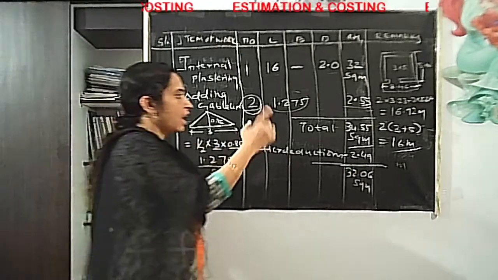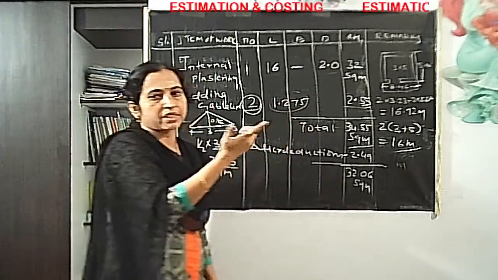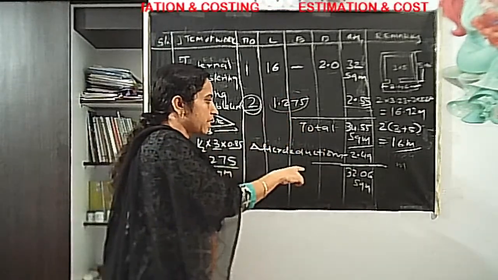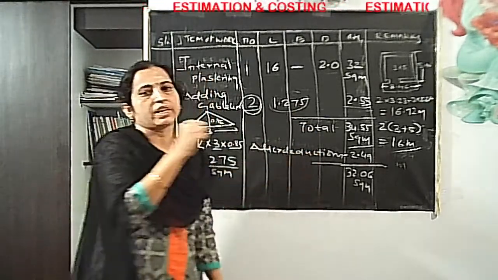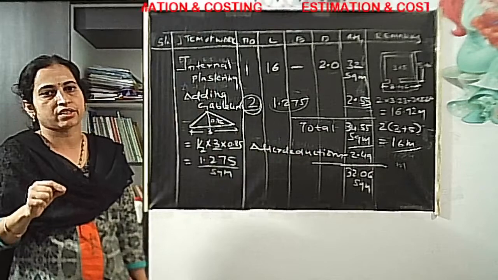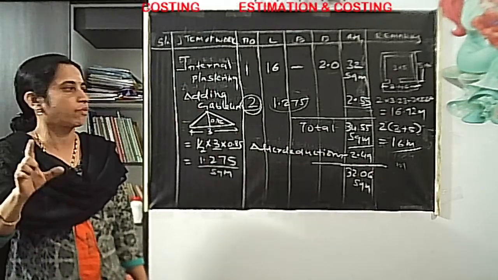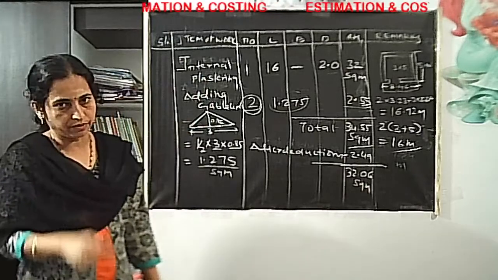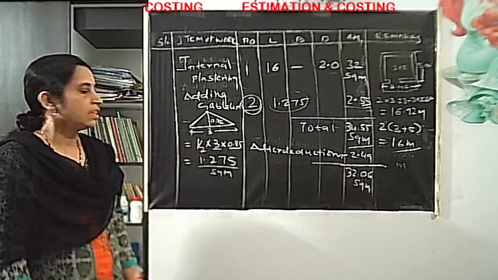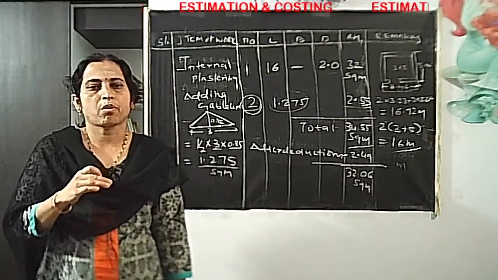Since we are taking half of the deduction in external plastering and half of the deduction in internal plastering, instead of that you can, after calculating the total of internal and external plastering, deduct once for all and get the total quantity of plastering. Okay. So this is the end of the problem.